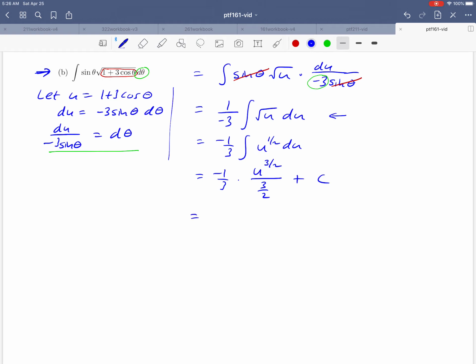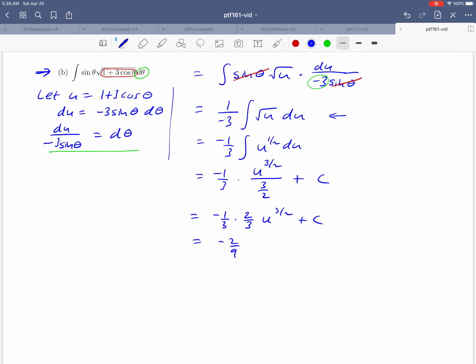And then we can do a little simplifying. So we've got negative 1/3. We're dividing by 3/2, which is the same as multiplying by 2/3. Okay, and so let's see if we take those two fractions and multiply them together, we're just going to get negative 2/9.